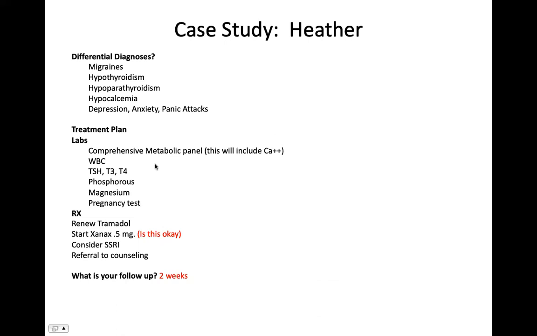And then these are the things that we did. And actually I do keep her on the tramadol, and I've talked to a neurologist and an endocrinologist about it, and they're okay with it. Now, I put her on 0.5 milligram of Xanax, and I'm asking you, is this okay?